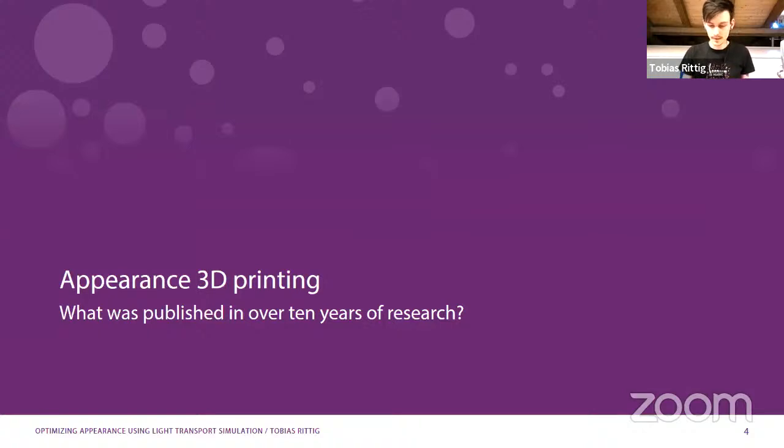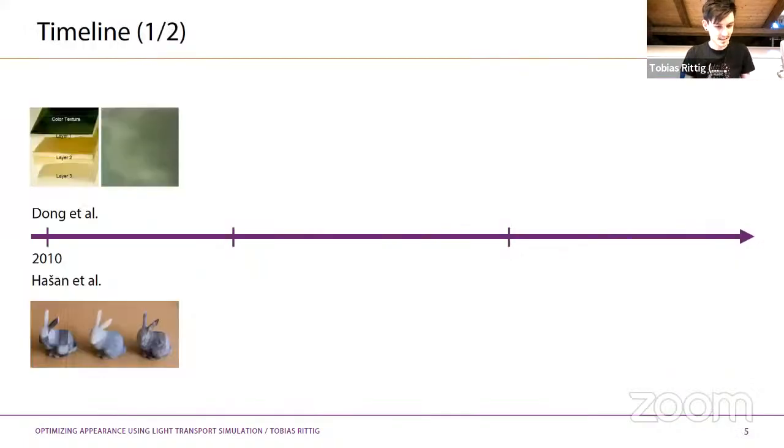So in my eyes, appearance 3D printing started roughly 2010, and it got off to a very good start where at the same SIGGRAPH 2 publications appeared that did the same thing. Fortunately, both were accepted and nobody had to go home, sadly.